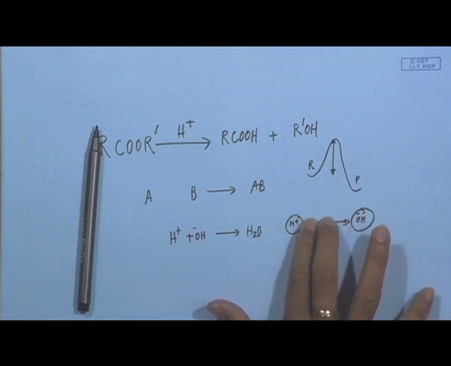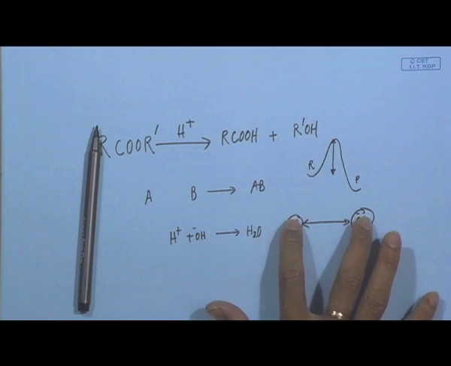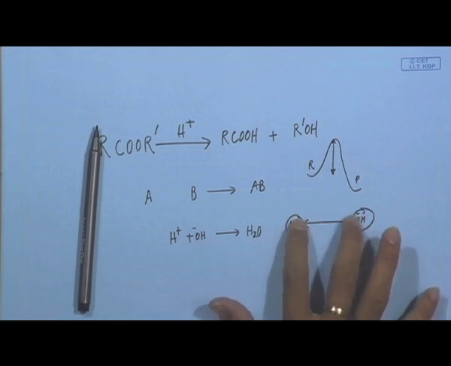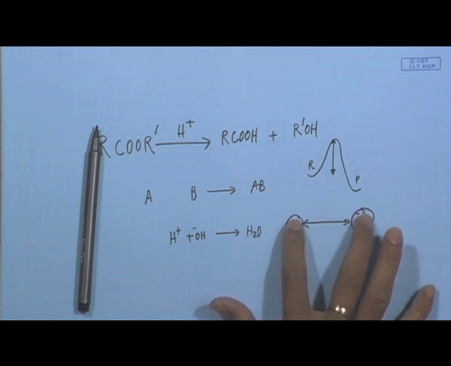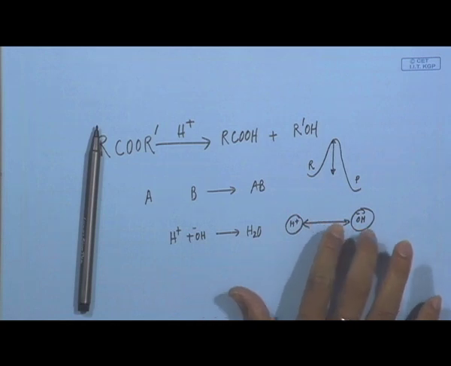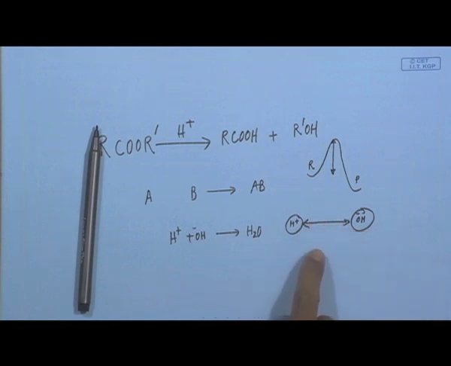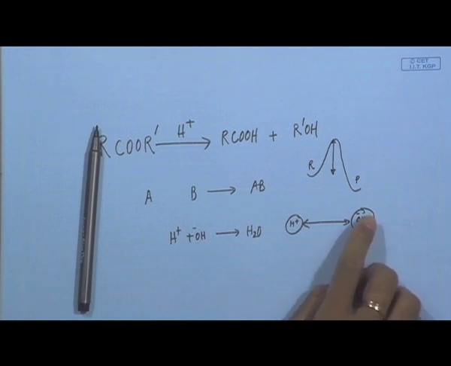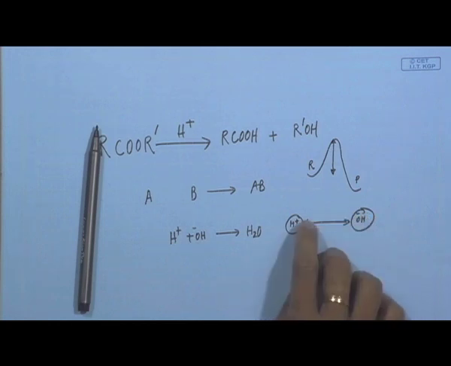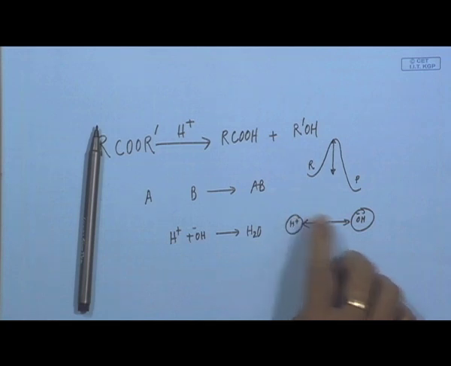They have to come close to each other. They have to swim, and they will move towards each other. If the viscosity of the solvent is very high, then the movement of OH minus from here to this position, or maybe H plus from here to this position, will be affected, that is, slowed down.